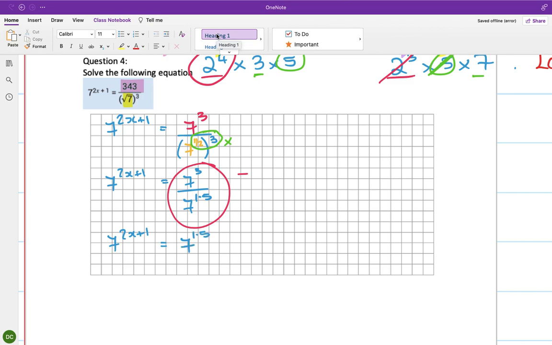1.5. All right, this says they're equal, and we can clearly see that the 7s are equal, but this must also be equal. So we take 2x plus 1, let it equal 1.5, and we're going to try and isolate the x. So we minus the 1, so 2x equals 0.5.